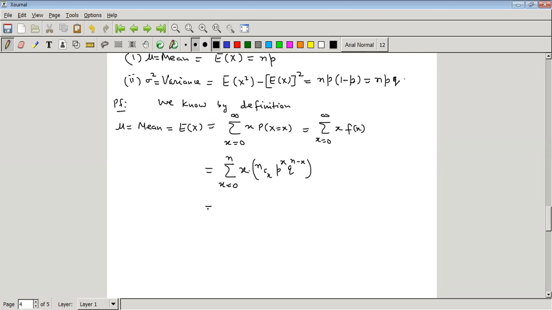So that is equal to summation x equal to 0 to n, x into, if we open the bracket, nCx is n factorial upon x factorial into n minus x factorial, into p to the power x, q to the power n minus x.